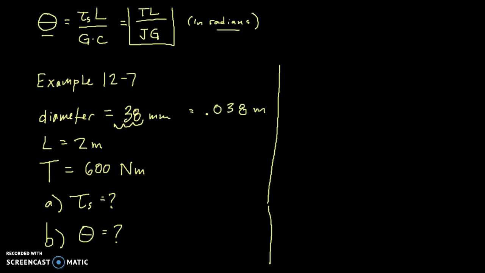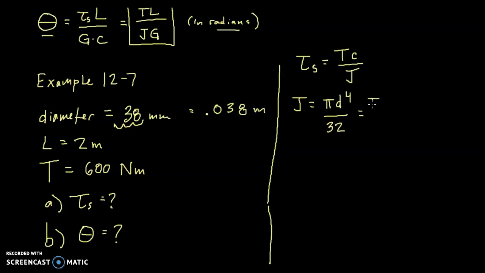In order to calculate the shear stress, we're going to need to know J, because our formula for shear stress, and this is something we went over in the previous video, shear stress due to a torque is equal to TC over J. So we're going to need to know J. What is J? J for a solid shaft, not hollow but solid, is equal to pi d to the fourth over 32.